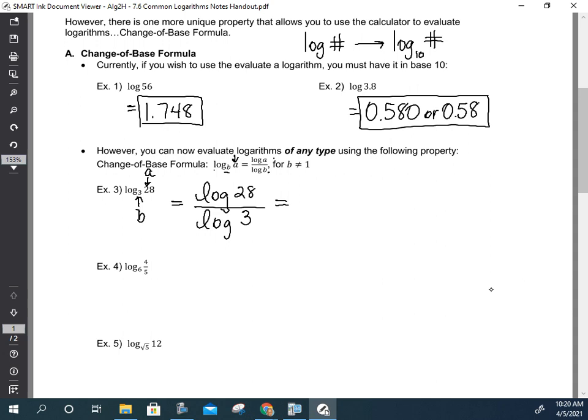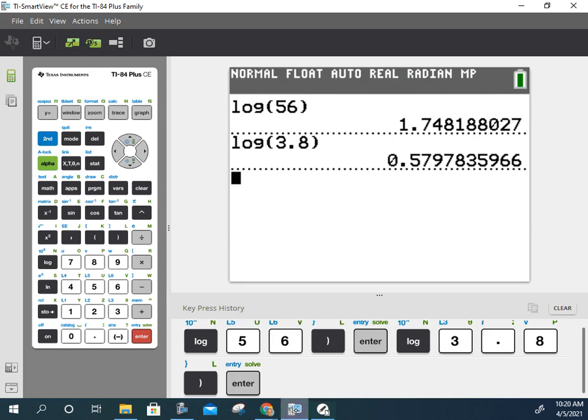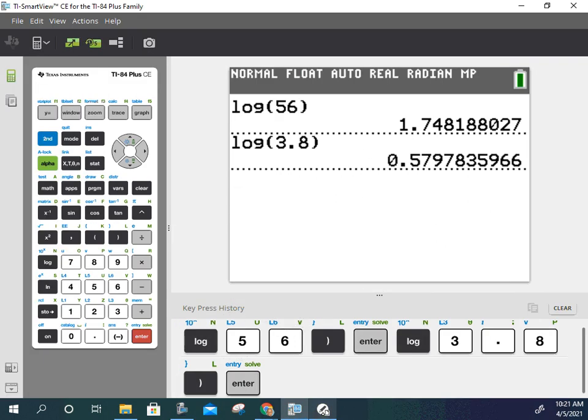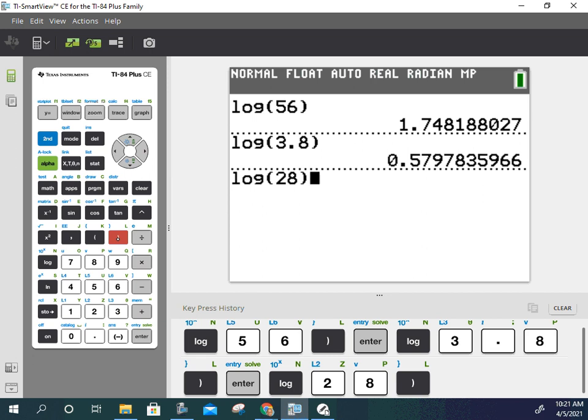Because now we're going to let the calculator do the rest of the work. So you have log 28 divided by log of 3. Log 28, close the parentheses, divided by log 3.